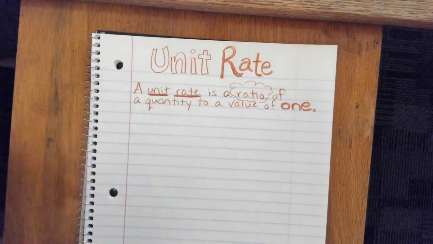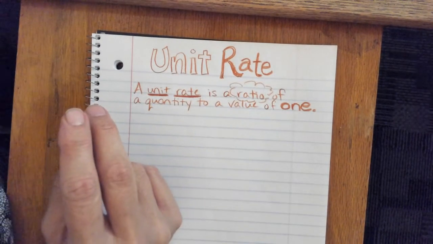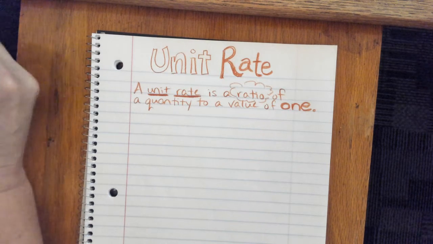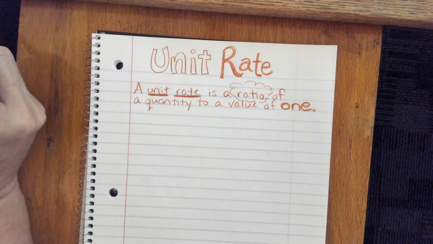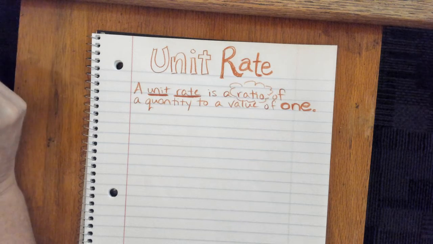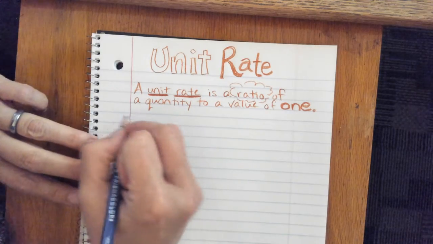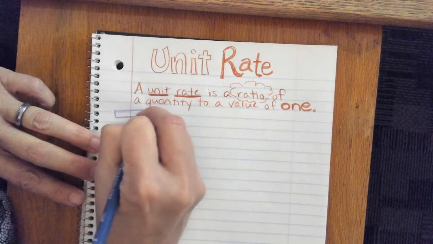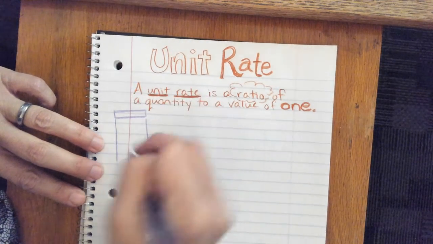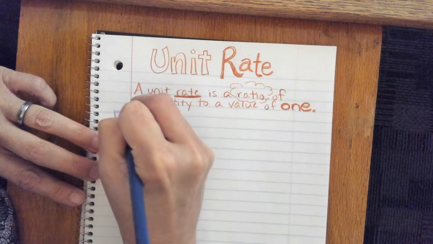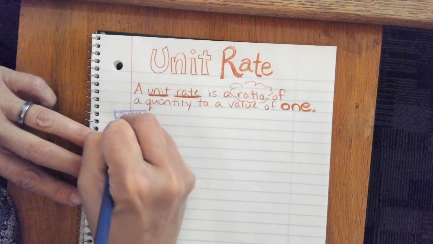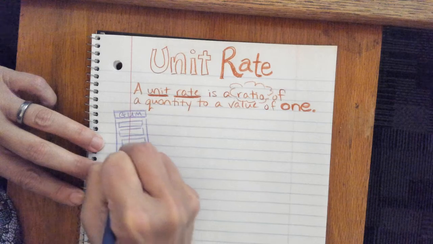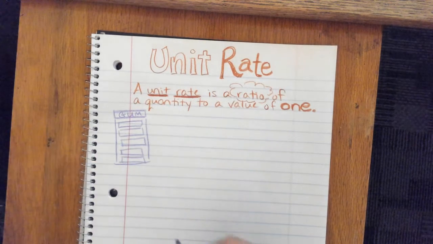Okay, we use unit rates a lot in shopping situations. Especially, I see it a lot at the grocery store. So you might have a package, and this is a package of gum, and there's like 5 things of gum in here.